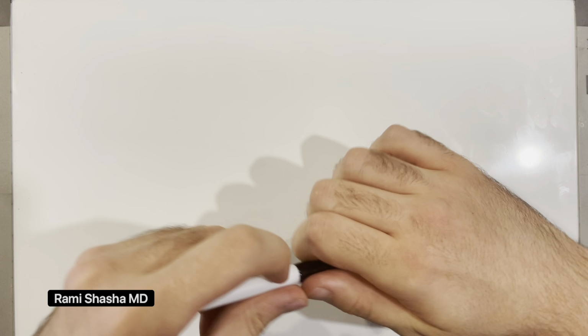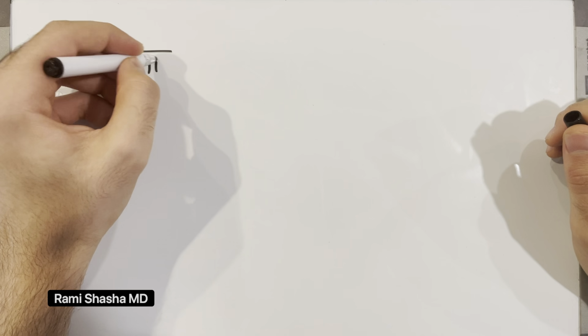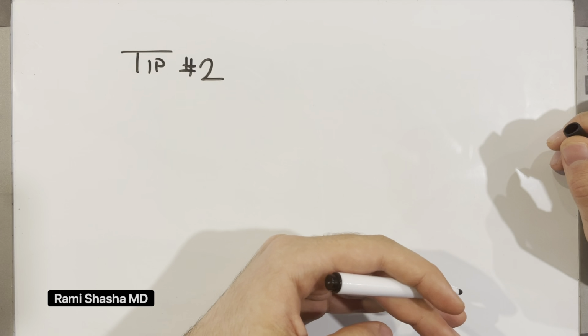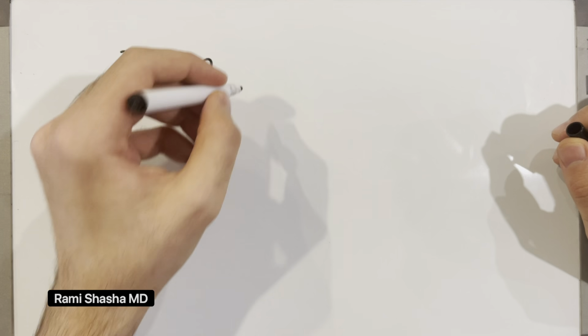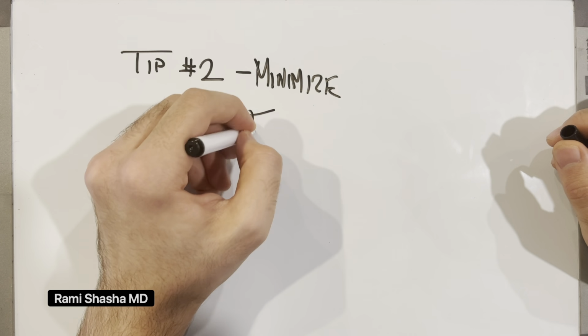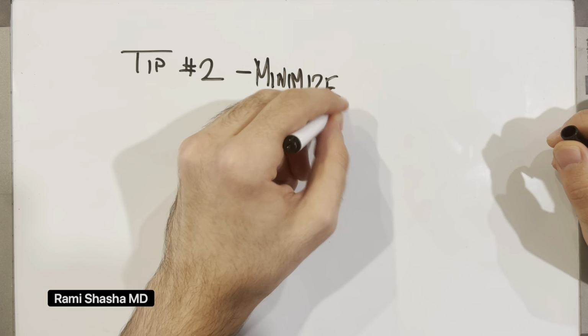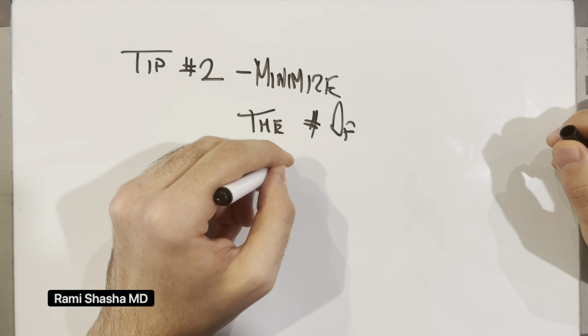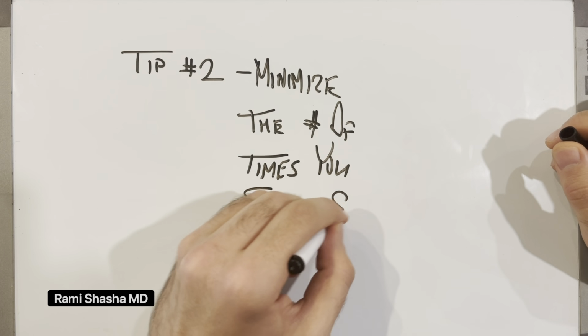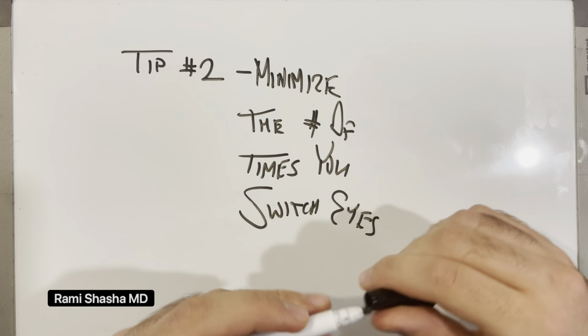Tip number two is, if you can't have all right eyes or all left eyes, well then minimize the number of times you switch eyes. Okay?